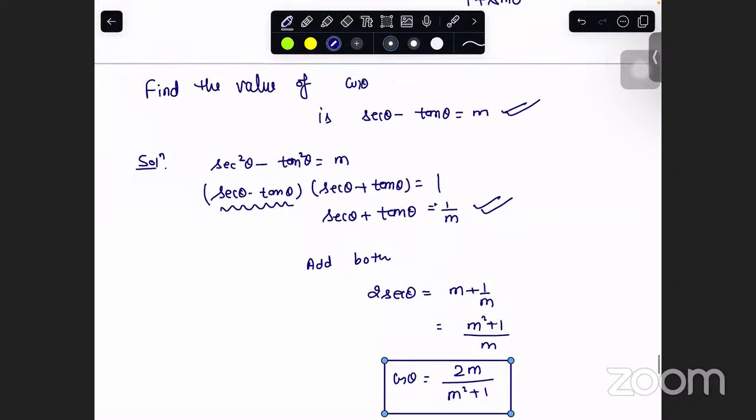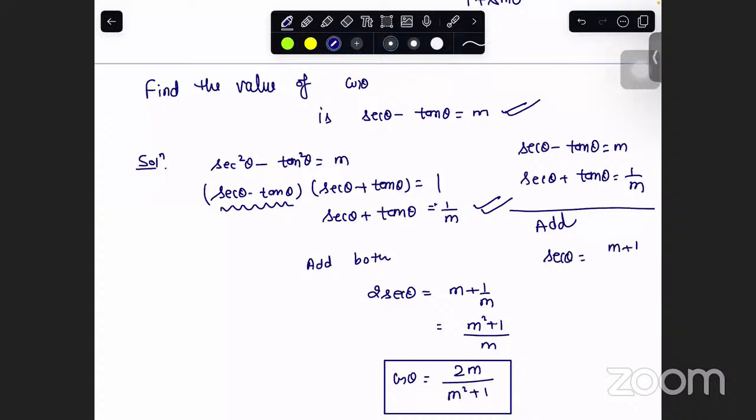Tan theta, child, if we add both of them, see, sec theta minus tan theta is n, and sec theta plus tan theta is 1 by n. You add both of them. Got it? So sec theta is m plus 1 by m and half of that.